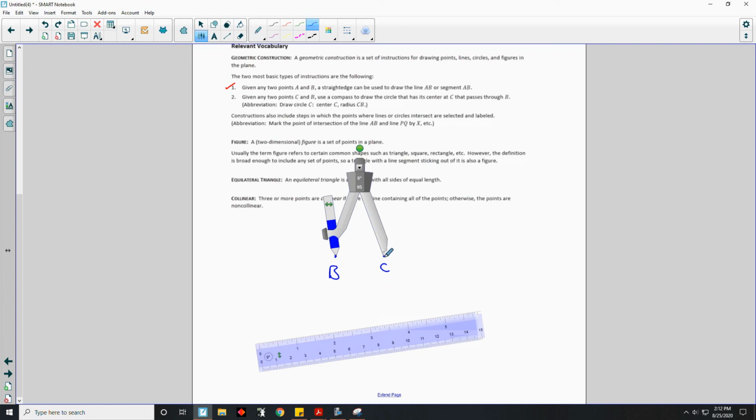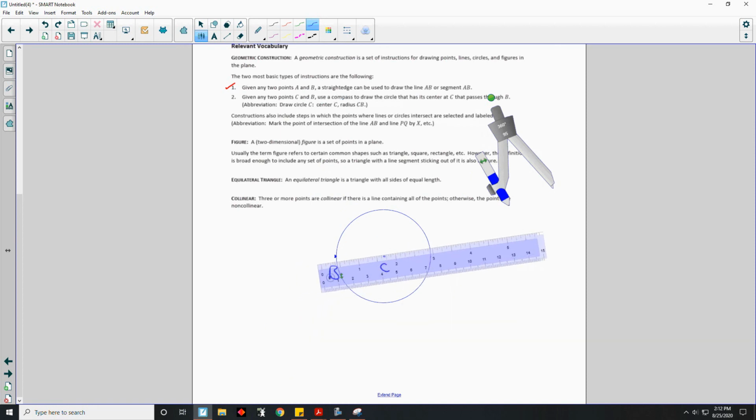Center at C, that's where you put your sharp point on your compass and the pencil on B. Draw a circle. And there it is. So there is a circle with center C with a radius of CB. So draw circle C, center C, radius CB.